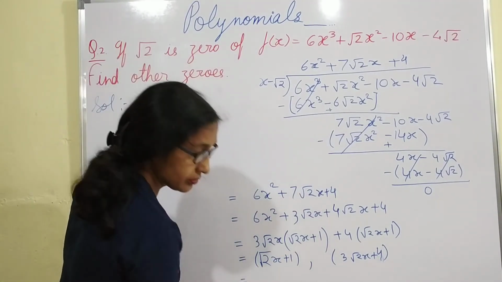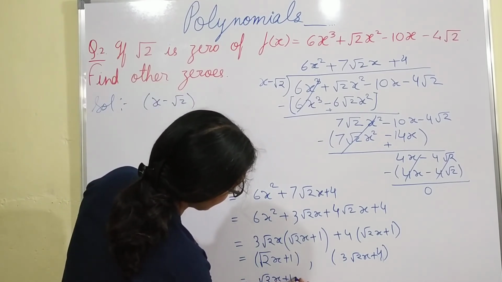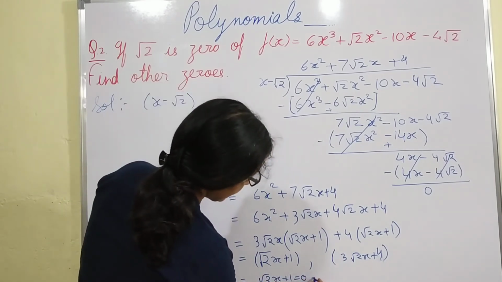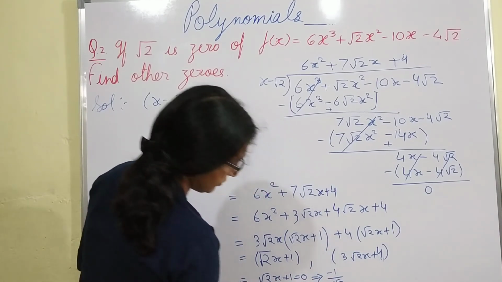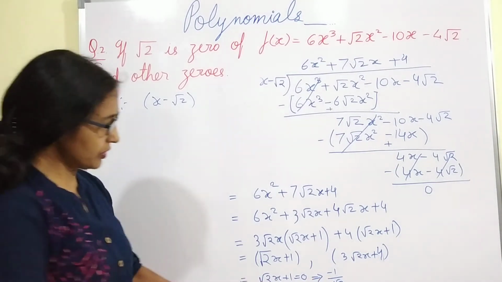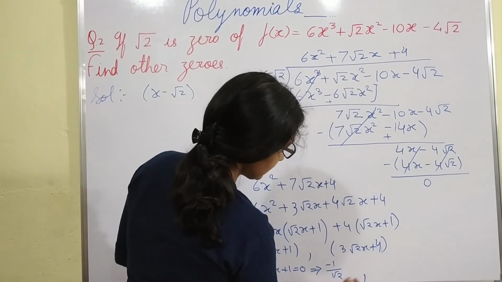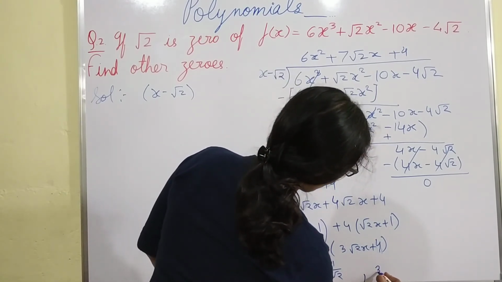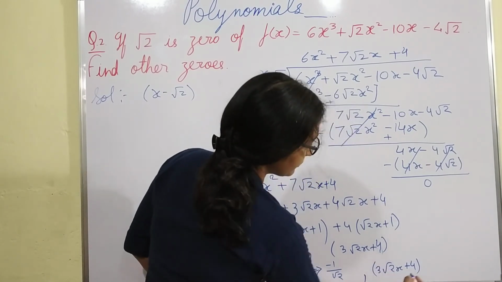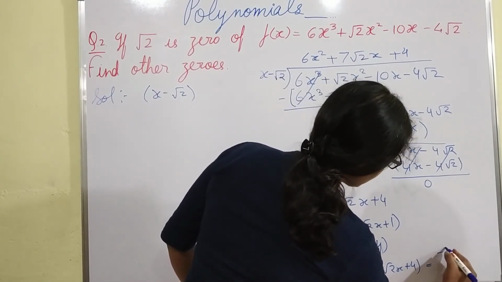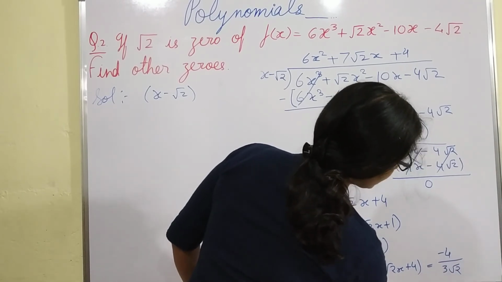Now find the zeros. Root 2 x plus 1 equals 0, that is x equals minus 1 upon root 2. And next, 3 root 2 x plus 4 equals 0, so x equals minus 4 upon 3 root 2.